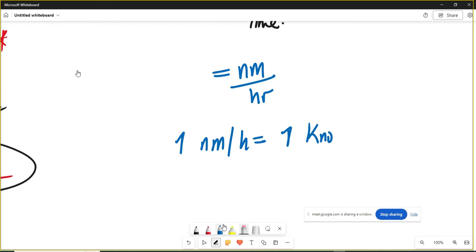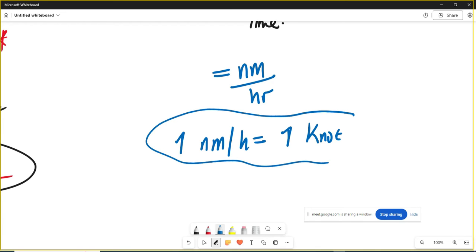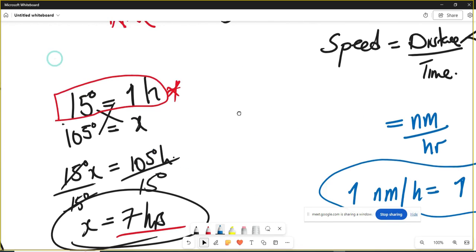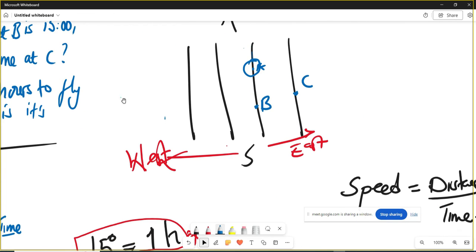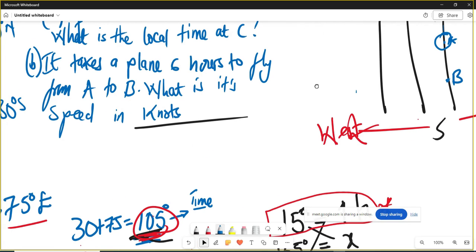1 nautical mile per hour is equal to 1 knot. We need to know this relationship here. So in short, when the question is saying calculate the speed in knots, it means just try to calculate the speed in nautical mile per hour.